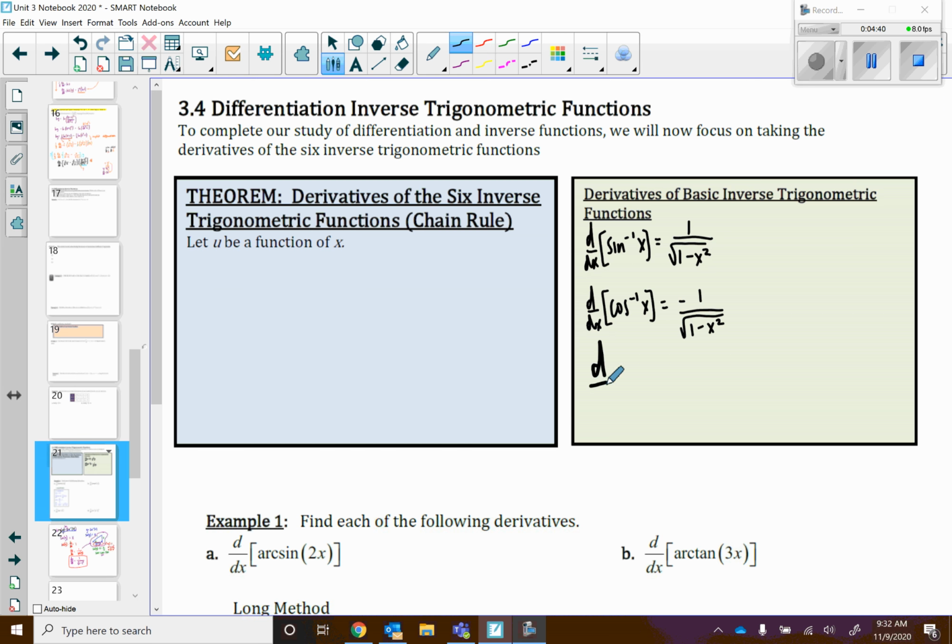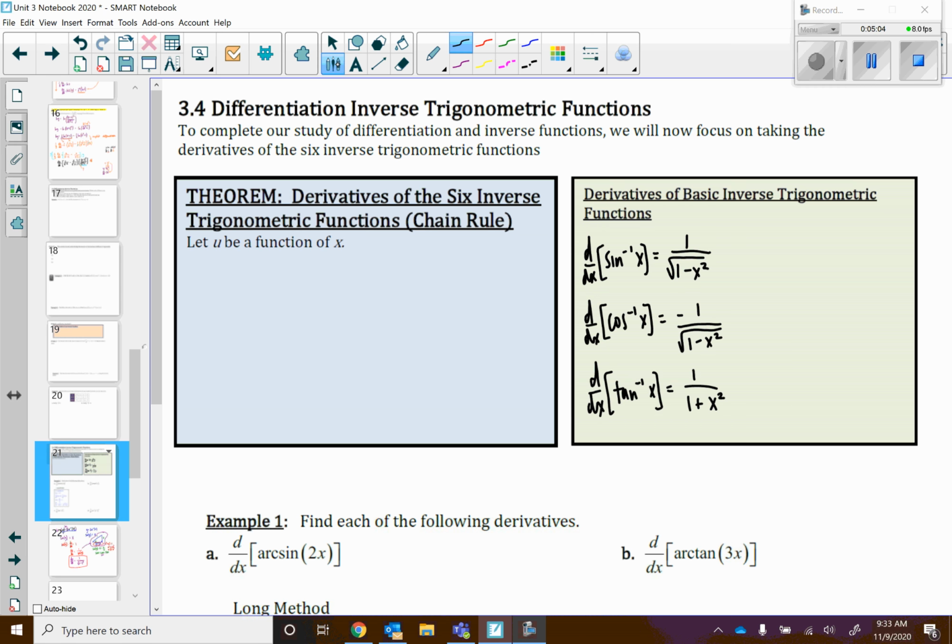If we want to find the derivative of tangent inverse of x, sorry about that, we are looking at 1 over 1 plus x squared.